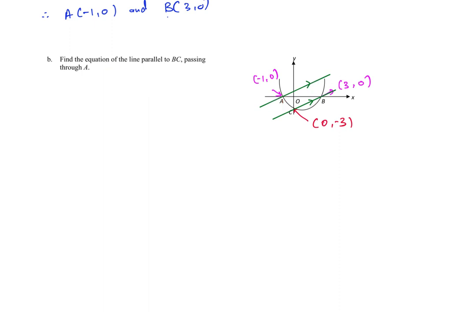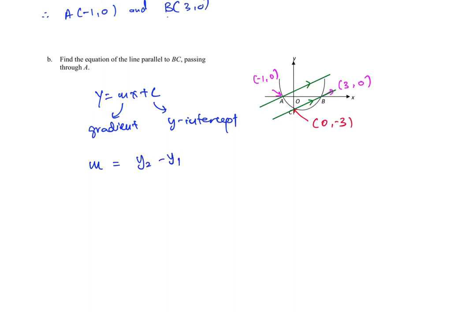To find the equation of a straight line, you need y equals mx plus c. If you recall, m stands for gradient and c stands for y-intercept. To get the gradient of this line, it's the same gradient as line BC because parallel lines have the same gradient. So I need to find the gradient of BC. The formula, if you forget, is y2 minus y1 over x2 minus x1.